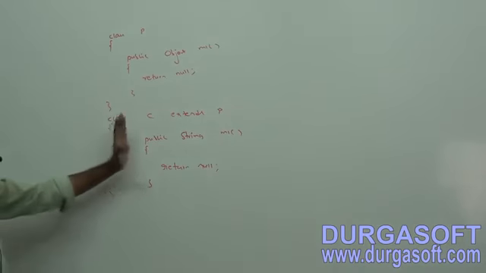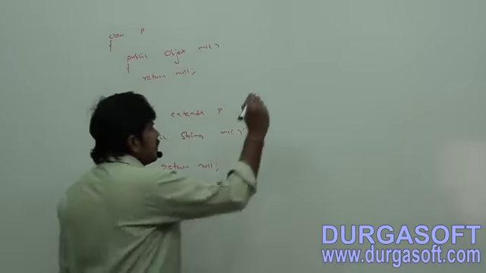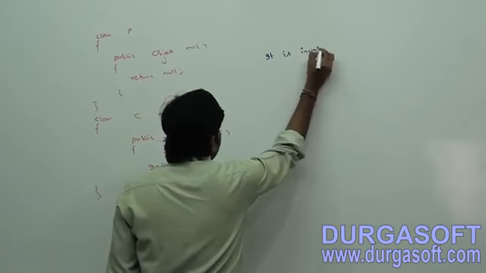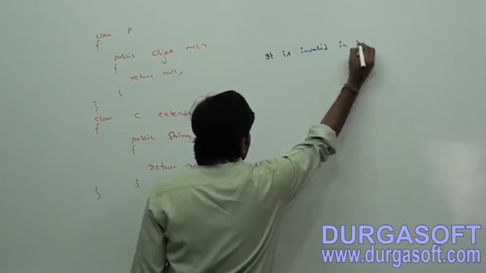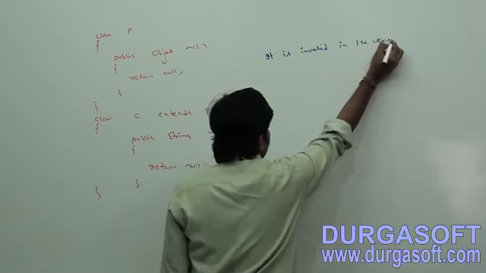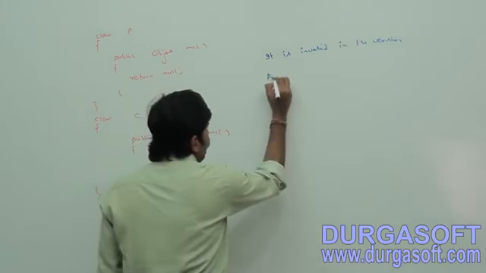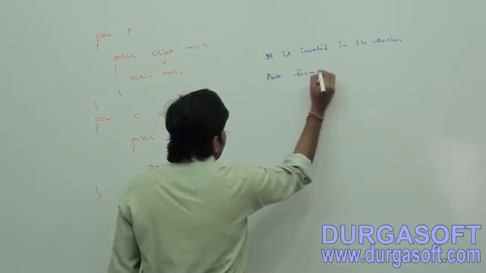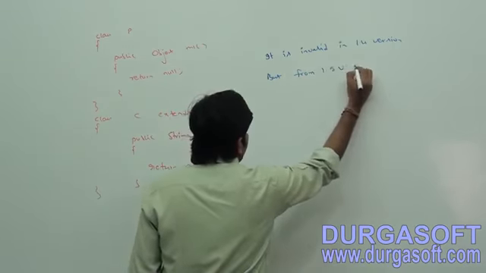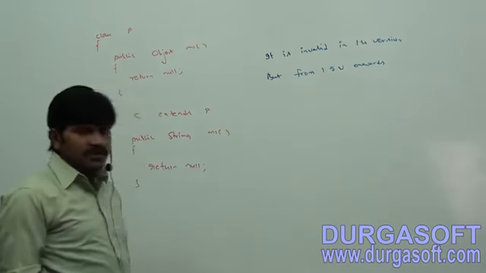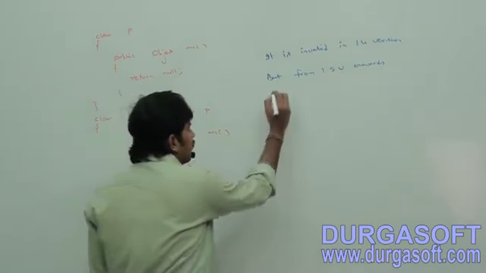Now the next: just beside this, it is invalid. It is invalid in which version?